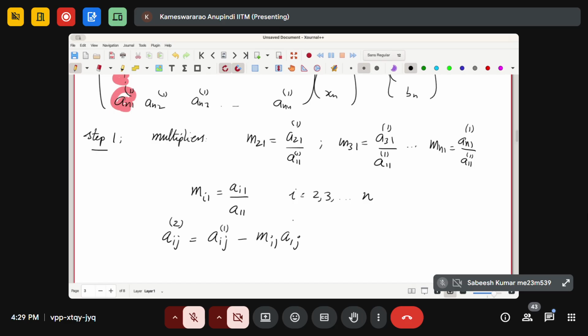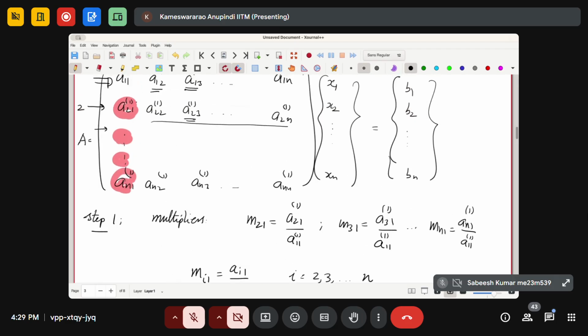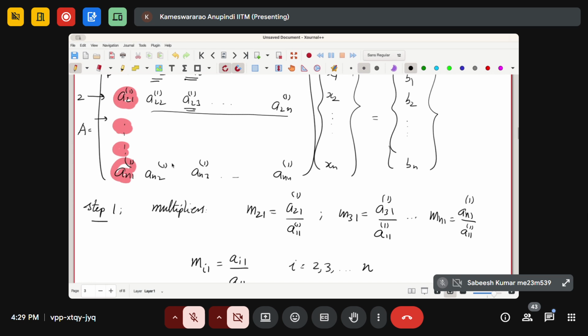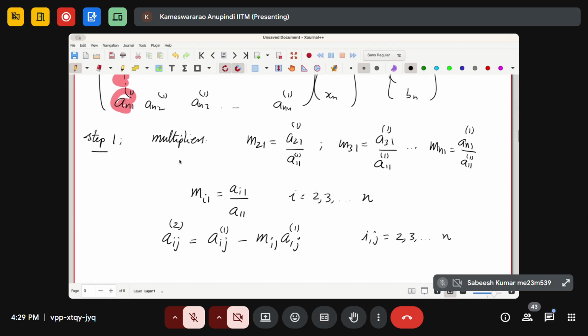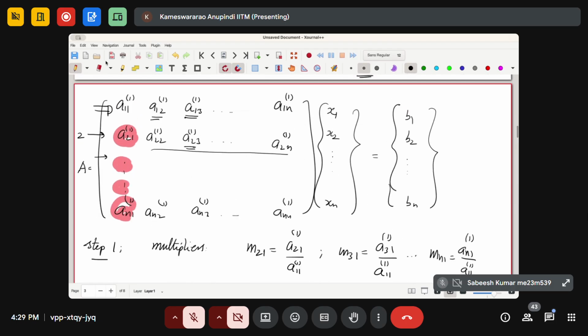That's what I'm doing for the first step. That will transform the values in all the rows, and my i and j are going to go from 2, 3 all the way to n.